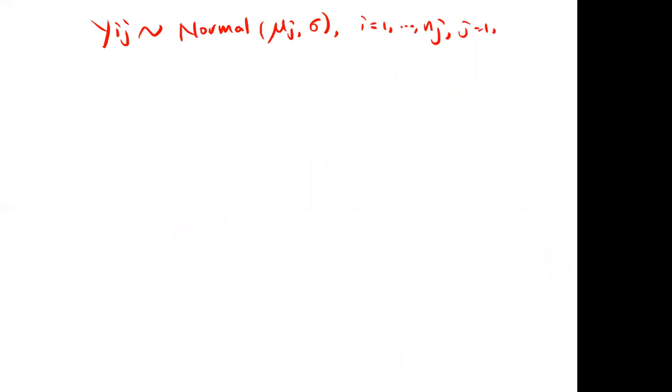So what do I have? That's the normal data model, okay? And then i is from 1 to Nj, and j is from 1 to capital J. Okay, so again, this is how many groups there are, and this is how many observations in each group.